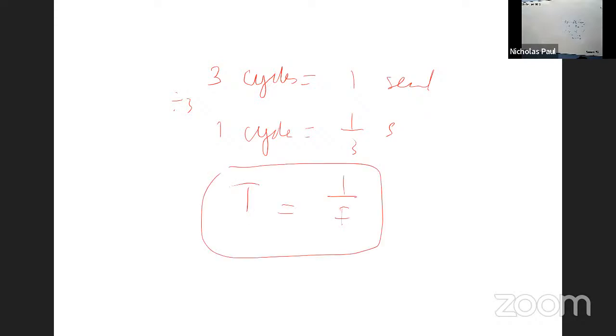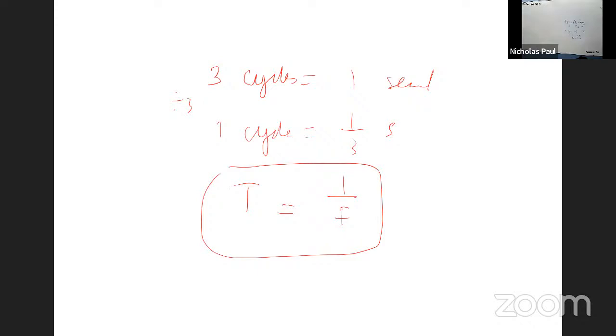Right? So we can do a little bit of maths. 3 cycles in 1 second. So therefore, 1 cycle, you divide everything by 3. 1 cycle will be 1 divided by 3. Right? So 1 cycle takes 1 over 3 seconds. So therefore, period is always going to be 1 on frequency. Right?